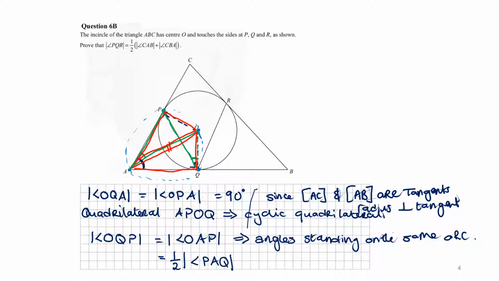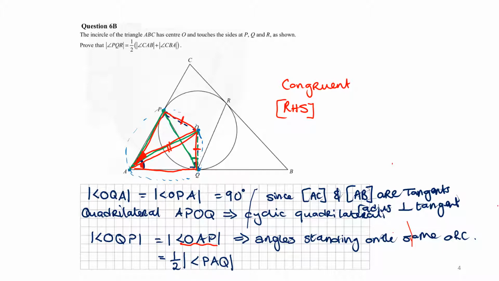So what we can say then is angle OQR, so O to Q to R. So we're dealing with that side of the triangle and the circle. So we know that OQR then is equal to half of QBR. It's exact same logic.